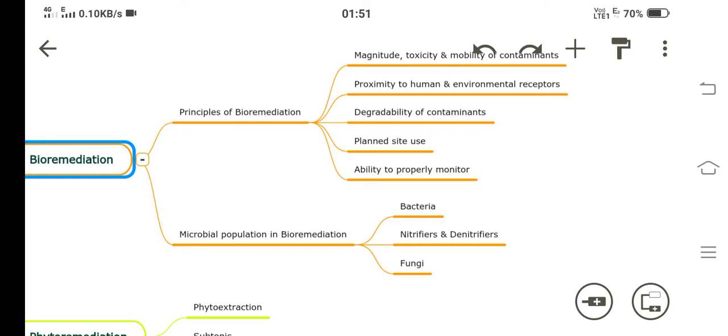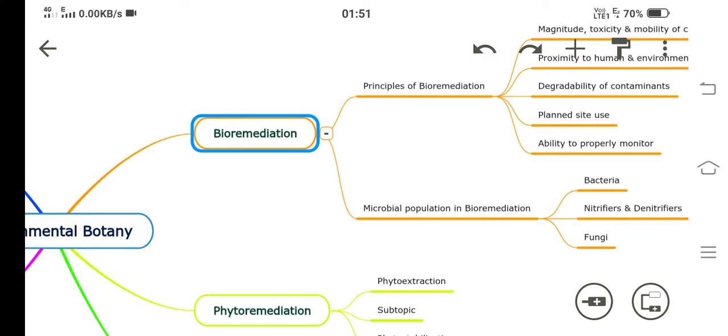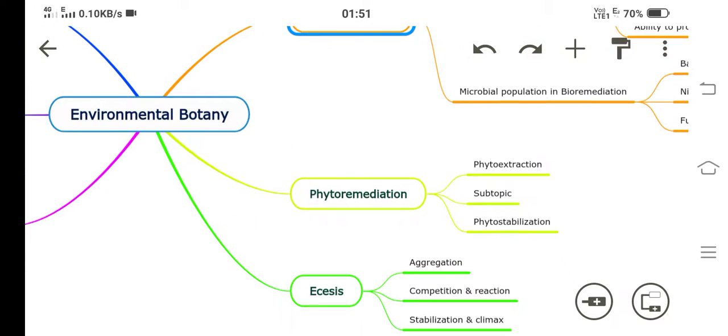So overall, we studied bioremediation, principles of bioremediation and microbial population in bioremediation. In the second topic, we studied phytoremediation, and in phytoremediation we have studied phytoextraction, phytostabilization and phytovolatilization.